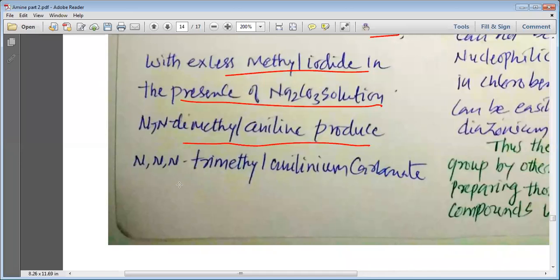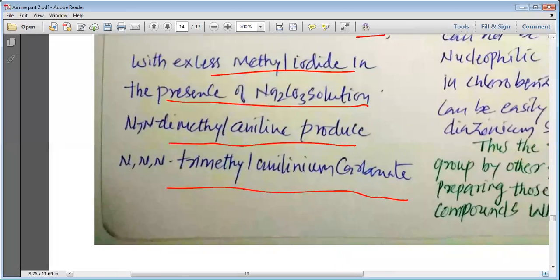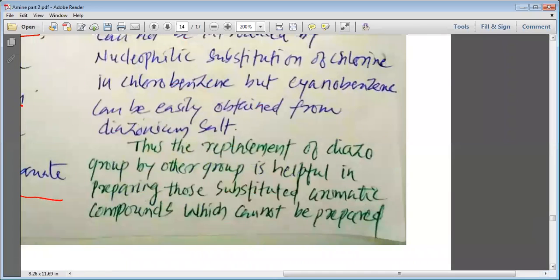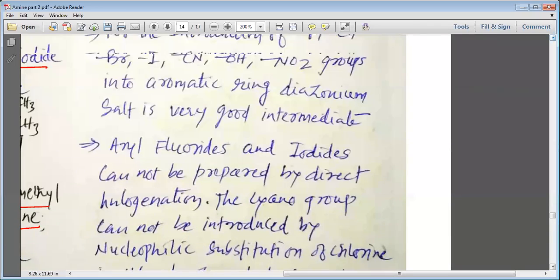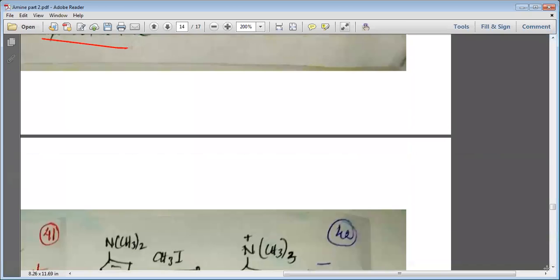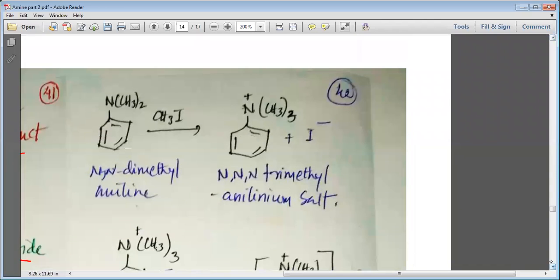Let us look at the product, which is known as N,N-dimethyl aniline. So this N,N-dimethyl aniline in the presence of CH3I gives us the N,N,N-trimethyl anilinium salt.